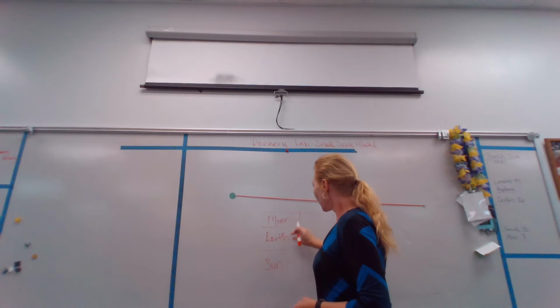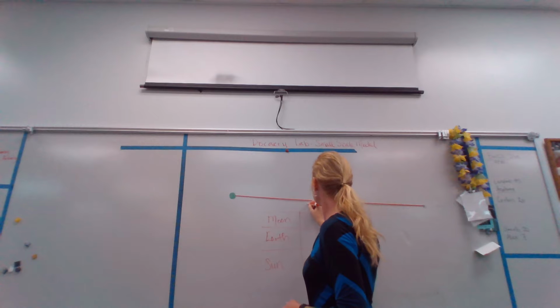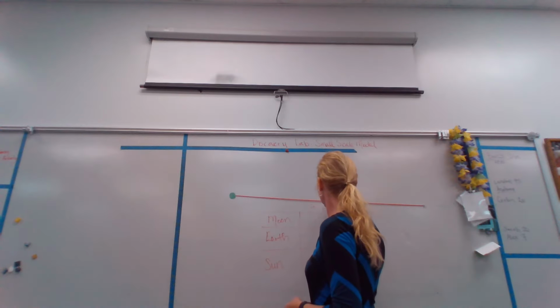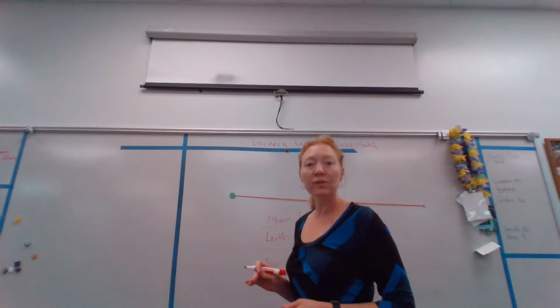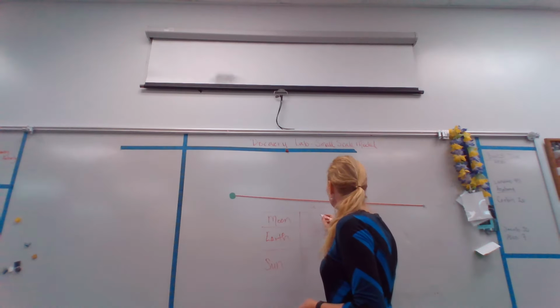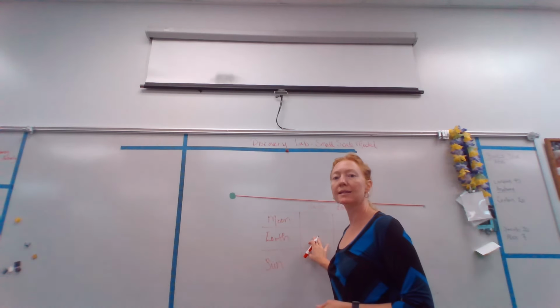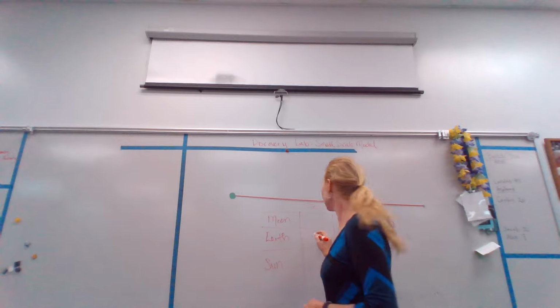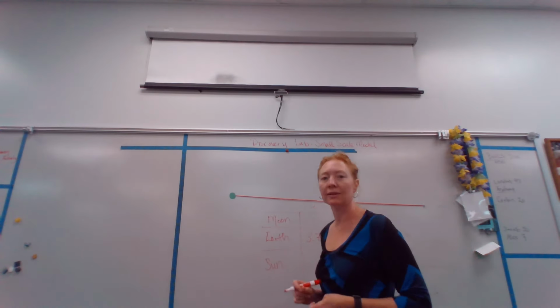Again, we have the Earth, the moon, and the sun in our model, and we want to know the size, and we're using a scale that's centimeters, and we want to know the distance. And again, we're using a scale that's centimeters. So we are told that the moon is 1 centimeter in diameter, and then we are also told that the Earth is 3.7 times the size of the moon. So 3.7 times the size of the moon would be 3.7.